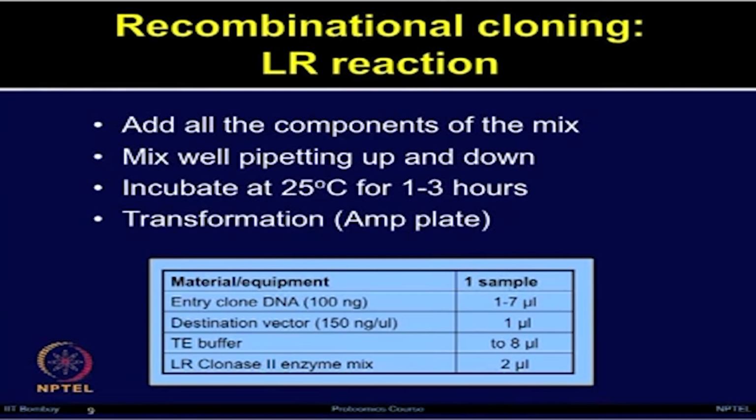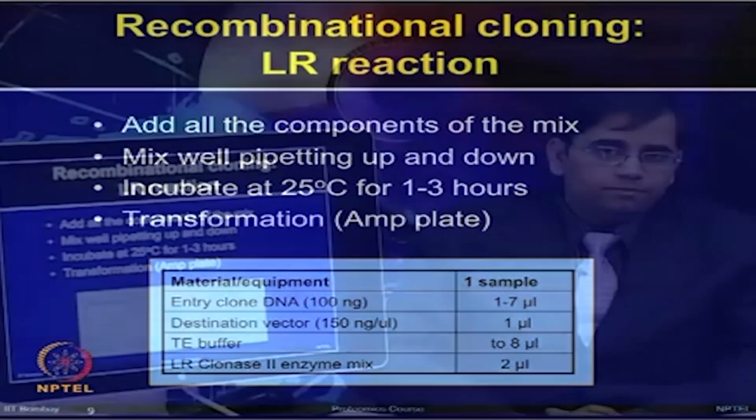Then you need a destination vector, vector of your choice in which you want to insert this gene of interest, around 150 nanogram per microliter. You need TE buffer and you need LR clonase enzyme mix. Again, these volumes are just to begin with, and it can be modified according to the reaction requirements.